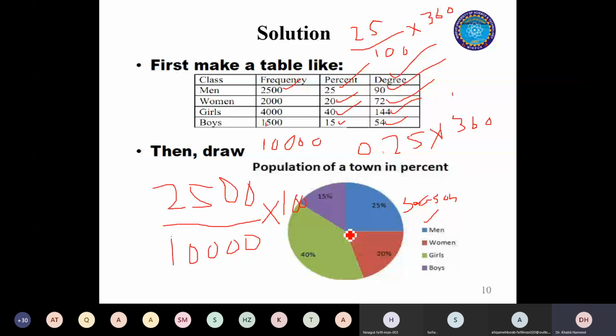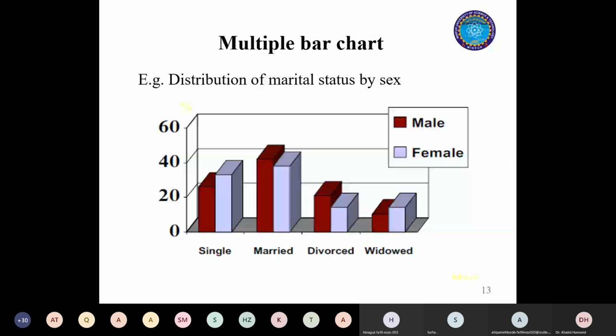But when it comes to the bar chart, you are flexible with this. You can accommodate more than one variable. For example, one variable is the marital status and the other one is the gender, and here you have the frequency. So you can represent them by different bars.